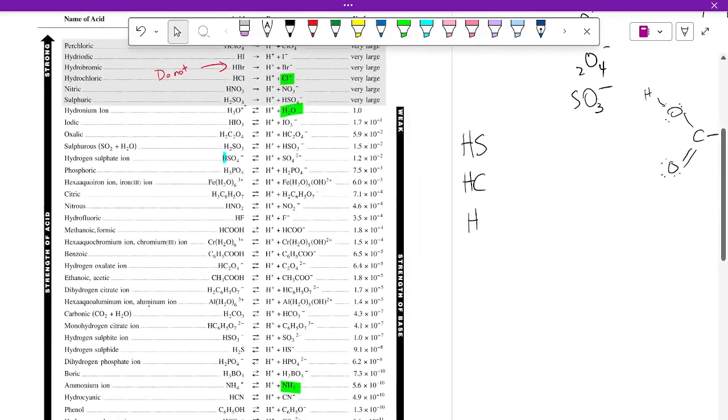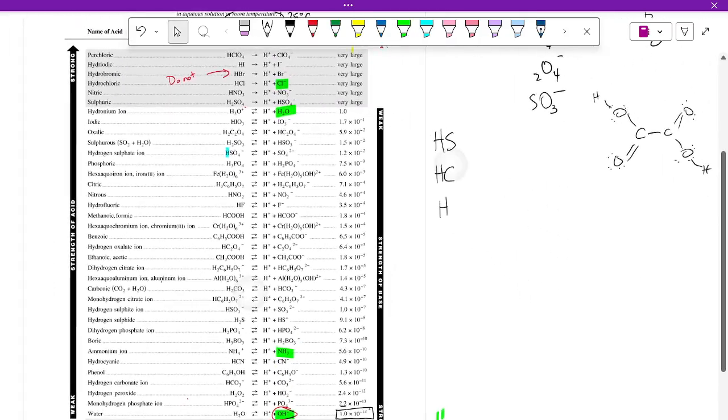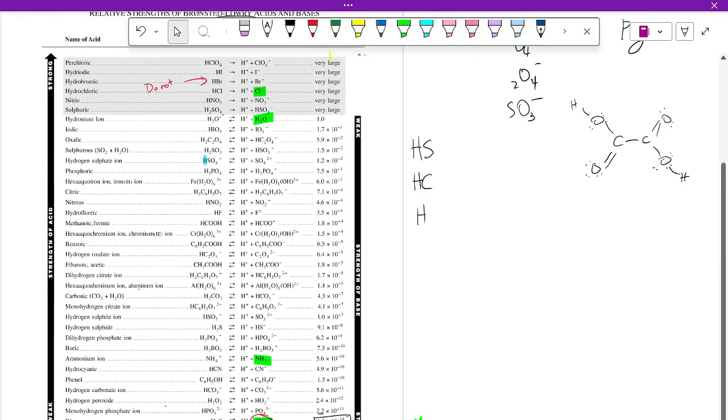And once again, you can play 3 of these things belong together or not. 4 of these things belong together in this case. Everything is on the base side, but everything can go backwards except this one cannot go backwards.